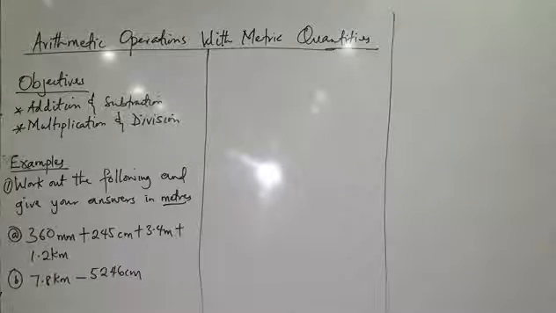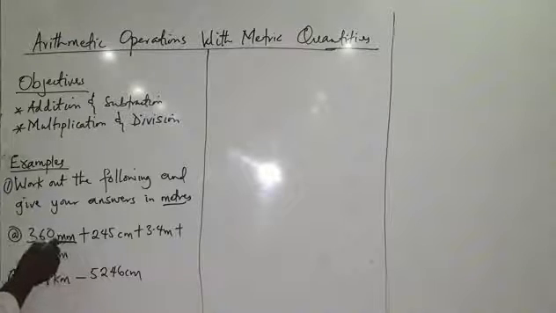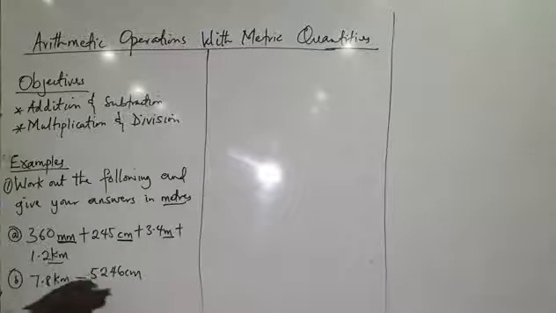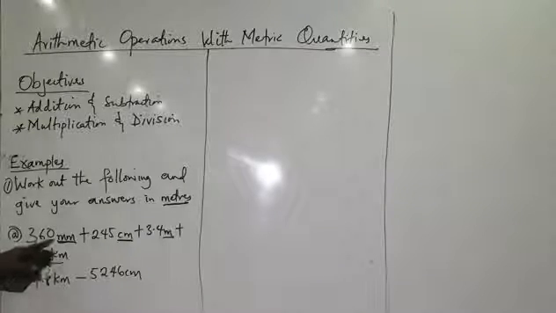You can see that all of them are in different units but measuring distance. But our answer must be in meters, meaning that we need to convert everything to meters first before we add them.